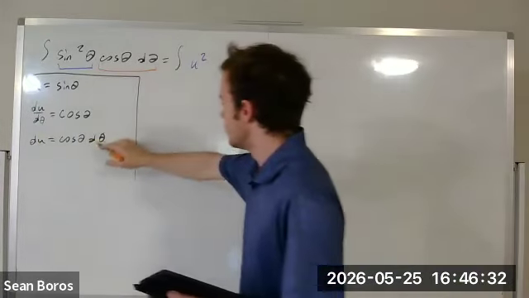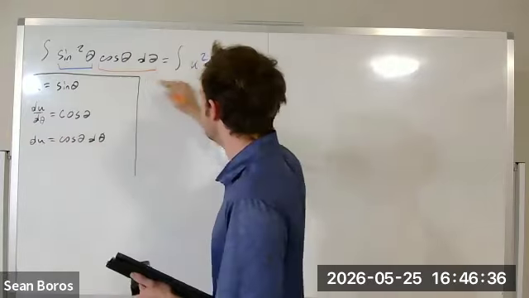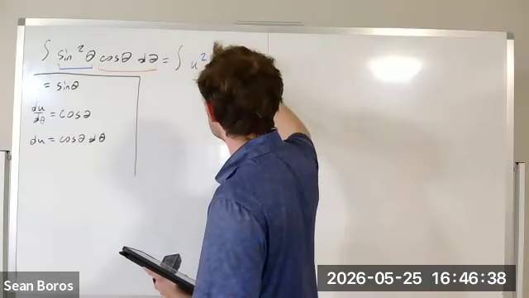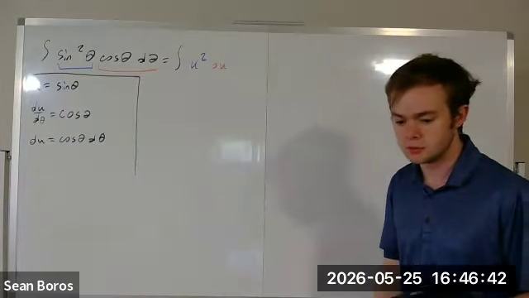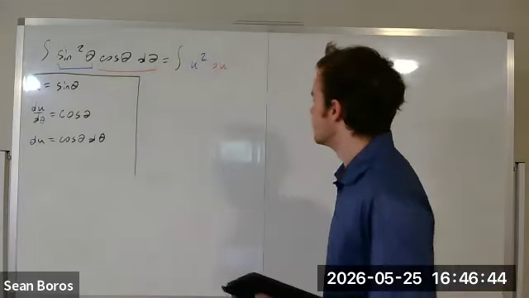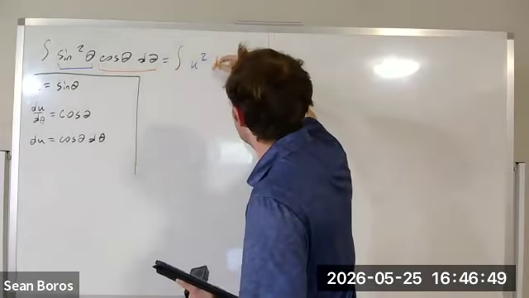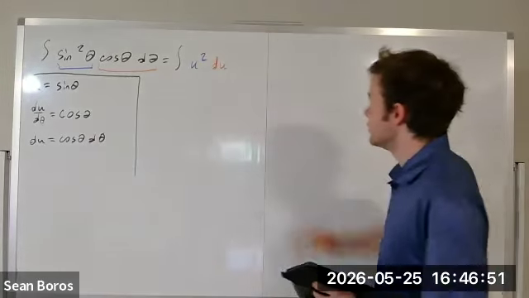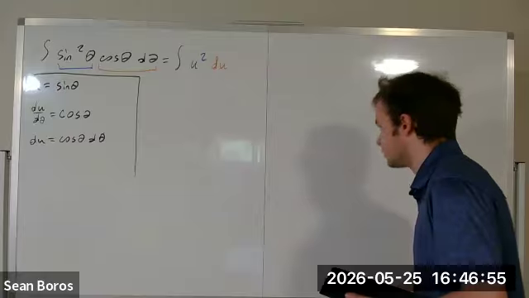So again, remembering this d theta, this cosine theta d theta turns into du. So now I've got the integral of u squared du. Looks like the orange doesn't show up super well. Maybe I'll use a different color. But we've got the integral of u squared du, and now we can just solve this integral.